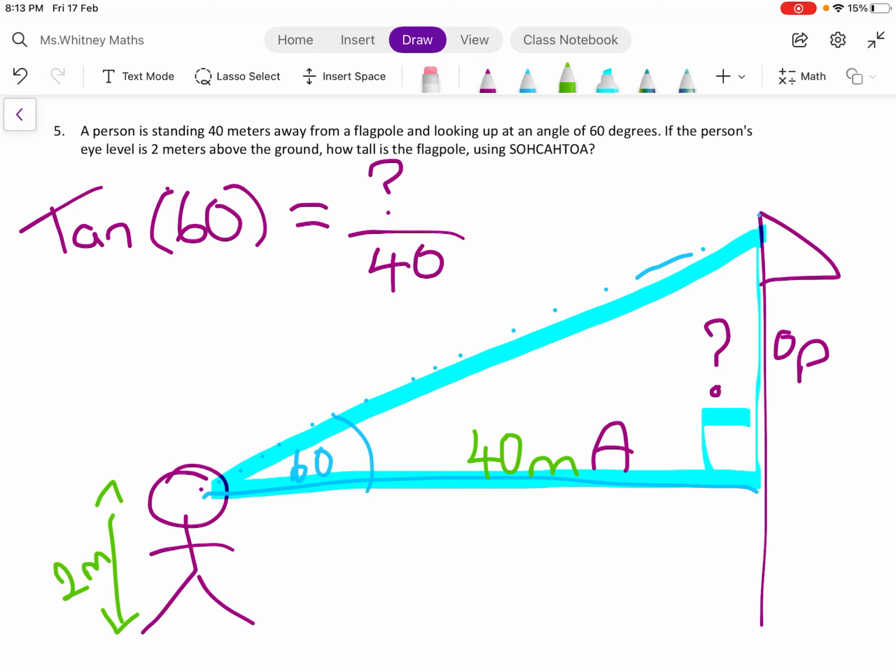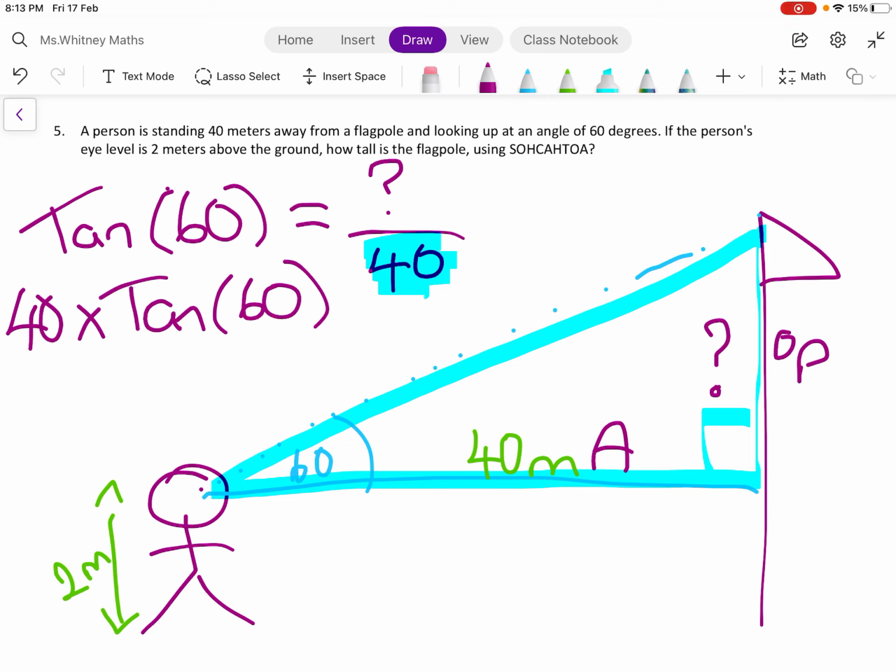Now, again, we are looking to isolate the opposite. So we're going to multiply by 40 because that's the opposite of dividing. So 40 times tan 60. We're simply going to put that into our calculators. And that's going to give us 69.28.